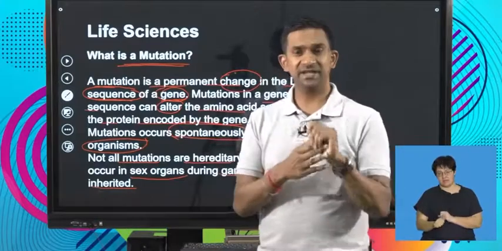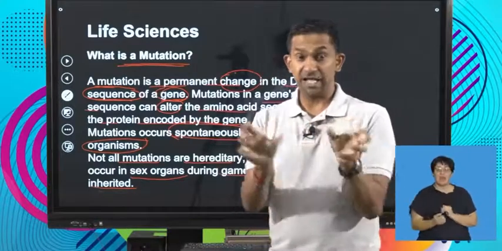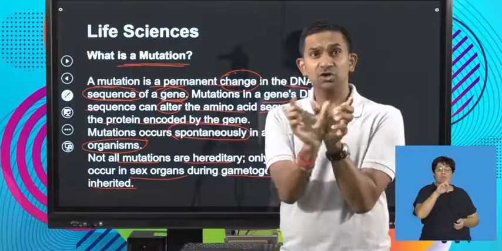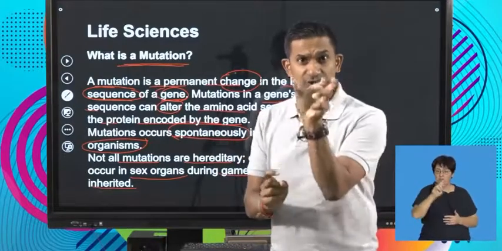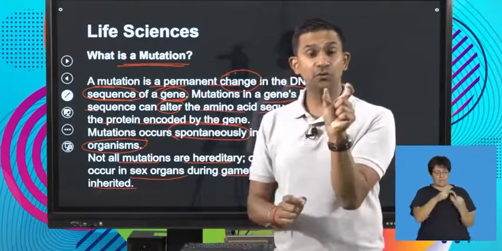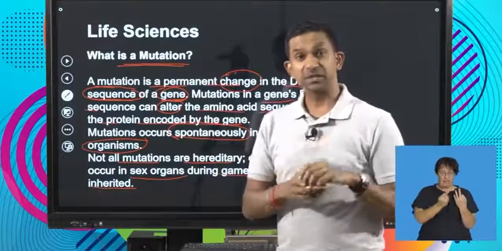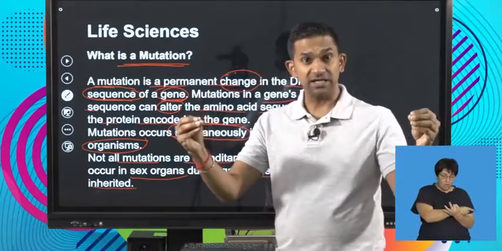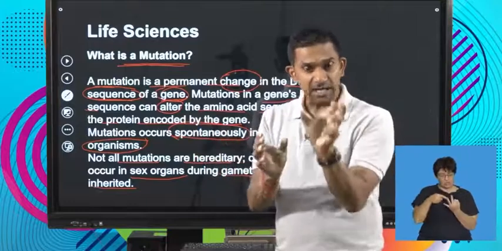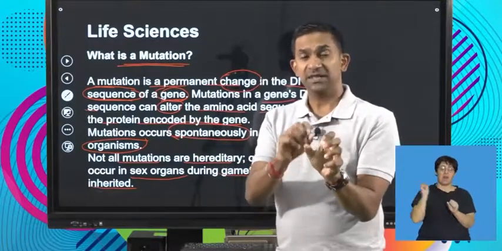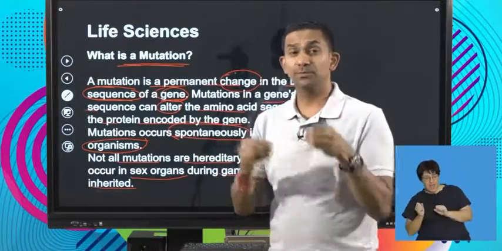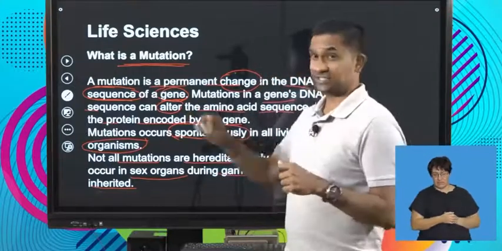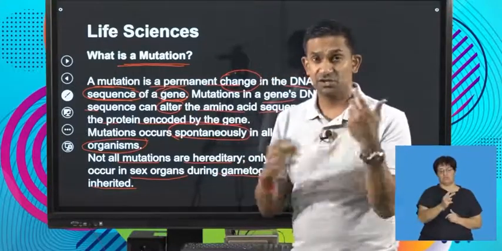And so we say that that could in turn affect the mRNA sequence. And if you recollect, mRNAs contain codons, which are short 3 bases that code for an amino acid. So if there is a change in the nucleotide sequence of DNA, that could affect an amino acid sequence, and that in turn could have an effect on the protein that's being produced. And so we say that there's a change or an alteration of the genetic makeup.